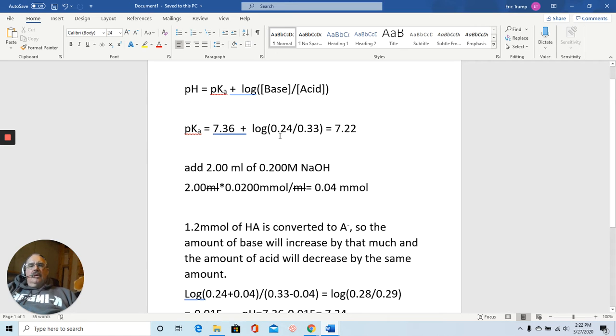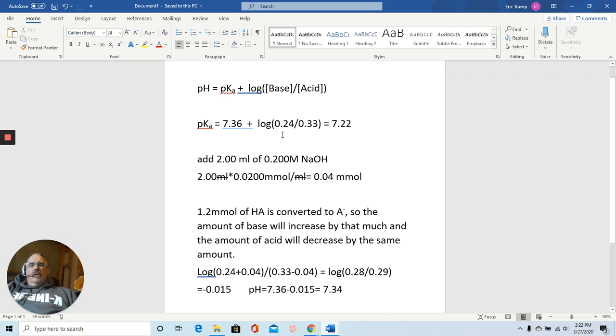So you can use moles or molarity, because whatever volume term you have in the denominator, say this is 0.24 millimoles per milliliter per 1 milliliter, and this is per 1 milliliter, the milliliter term would cancel out. So we can use this for either moles per liter, millimoles per milliliter, or millimoles.